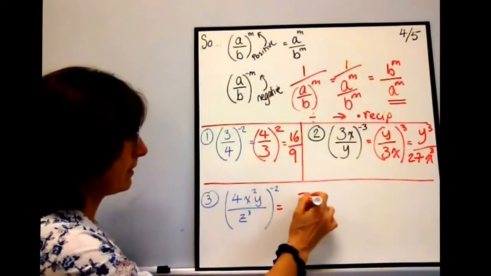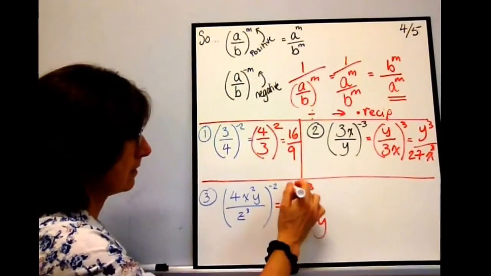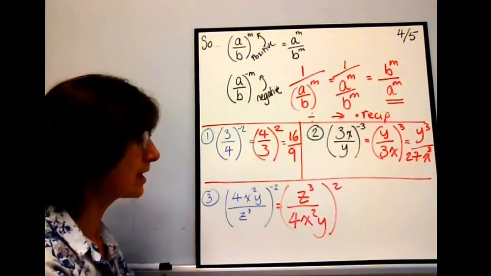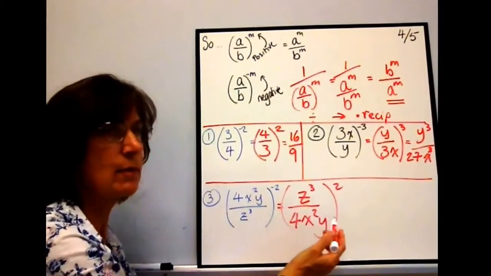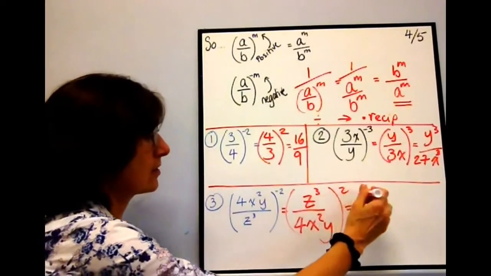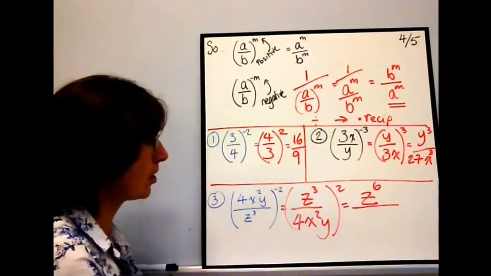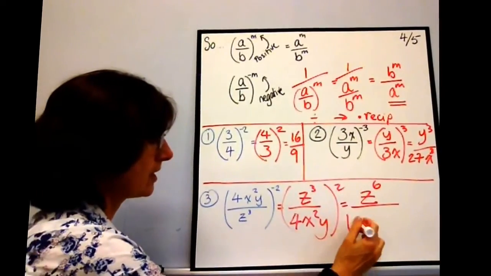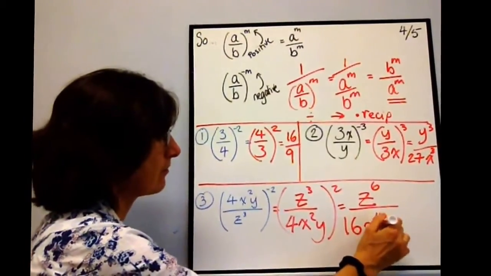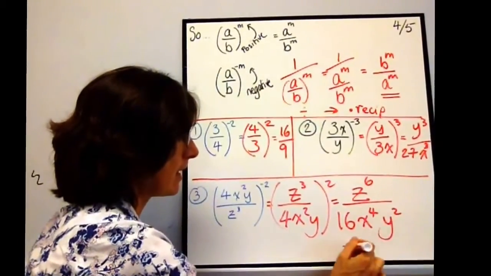I'm going to flip it. And then apply it. And I'm using virtually, well not quite, but nearly all of the rules we've learned so far here. Apply it to the top, z to the 6th, over 4 squared is 16, x squared to the 2nd power is x to the 4th, y to the 2nd power is y to the 2nd power.